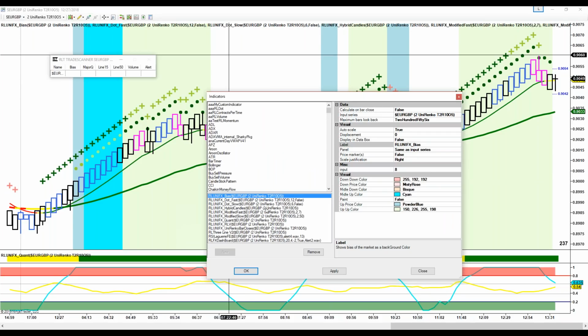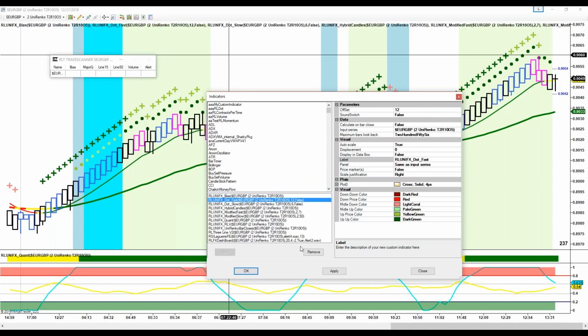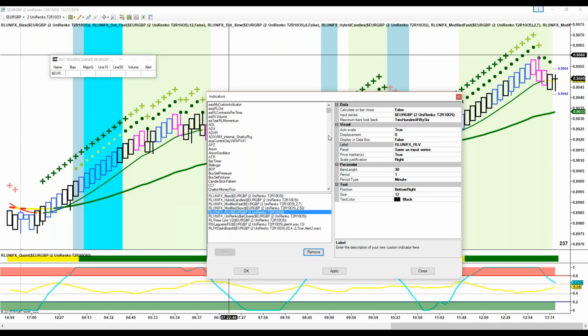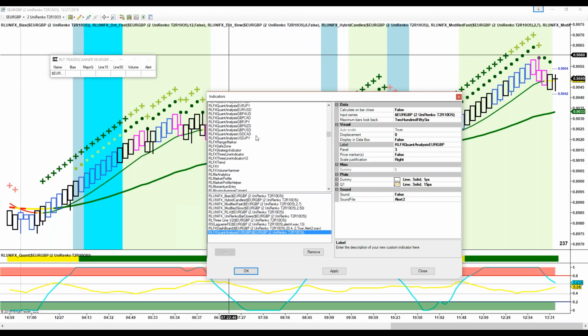So I'm going to take out the dots, and I'm going to take out the quant. And I'm going to move in the dots for the euro pound. First the quant. Here is the euro pound quant. And the dots for the euro pound. I hope Sergio put them here for me.